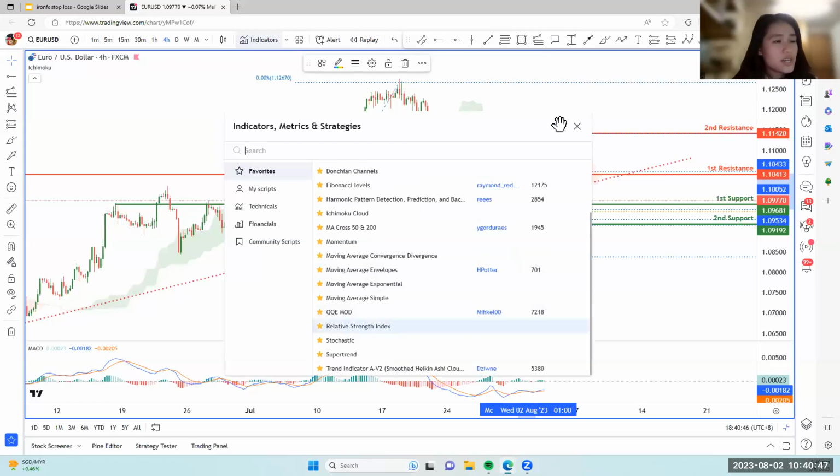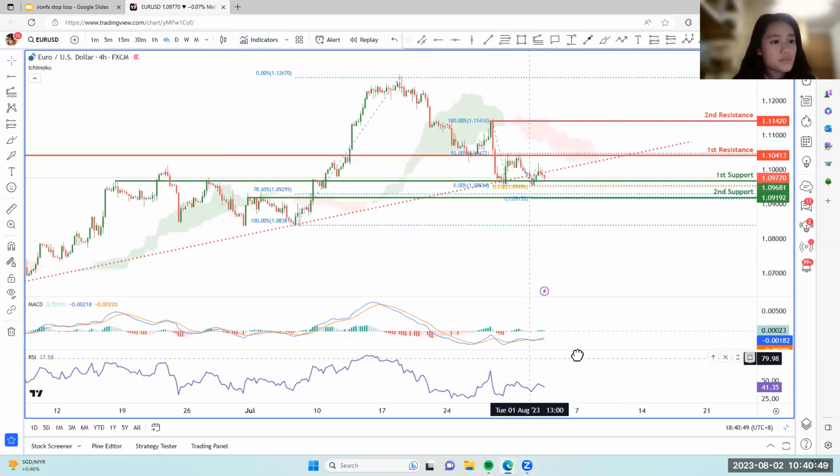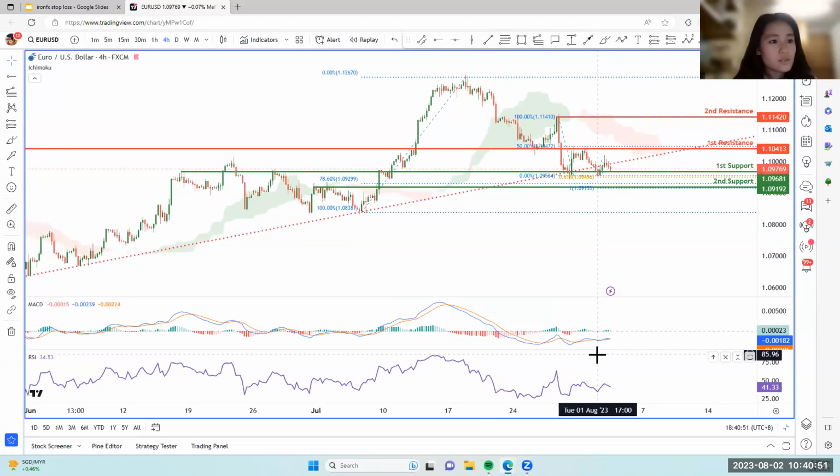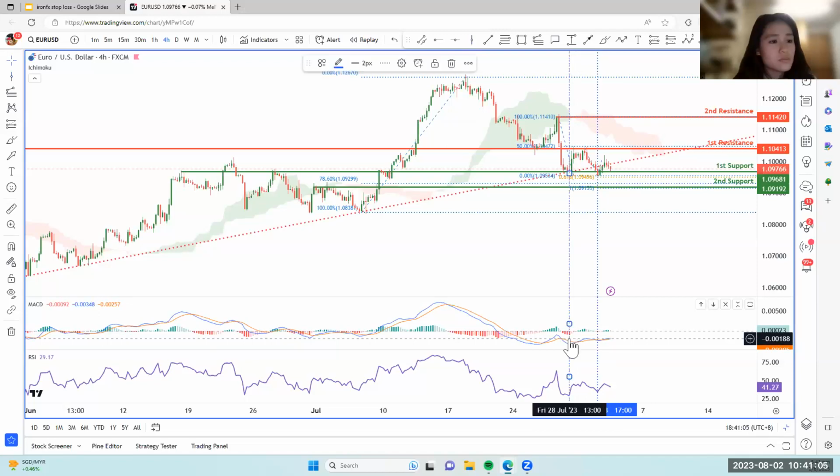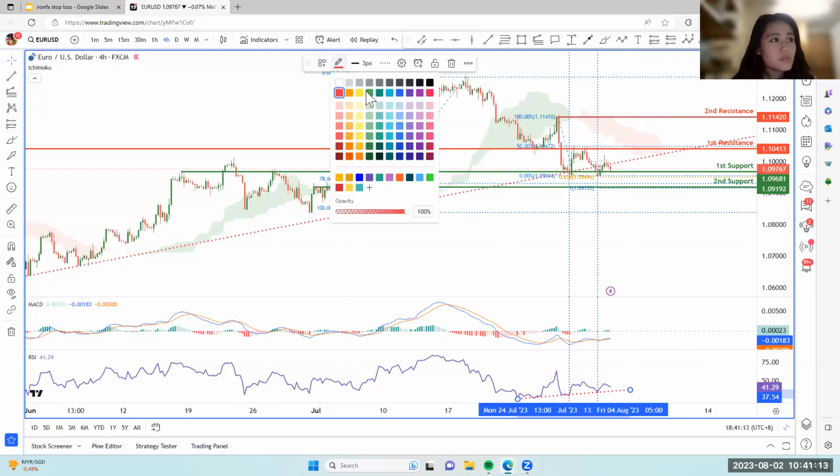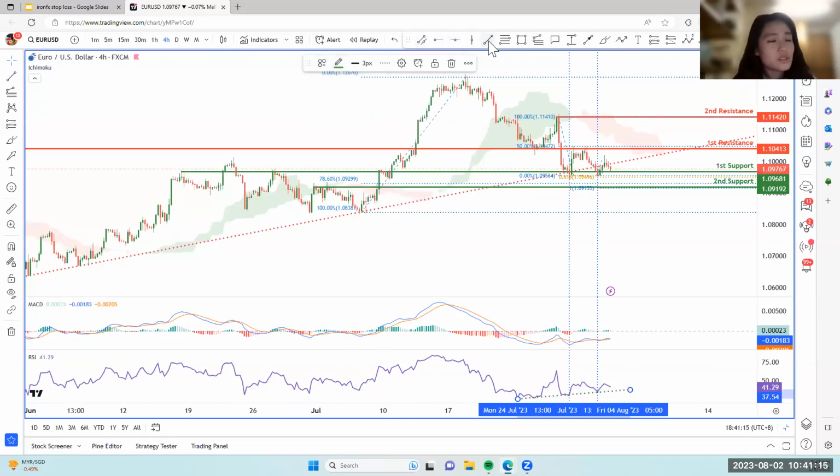Let's take a look at RSI. Okay, we have this bullish signal.